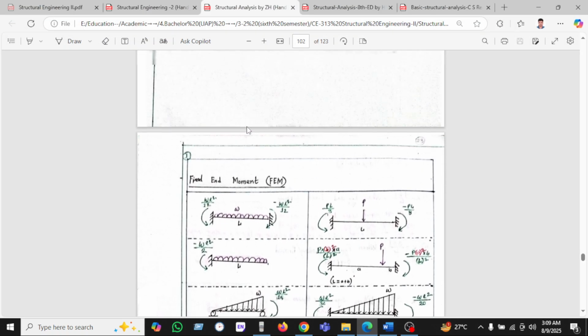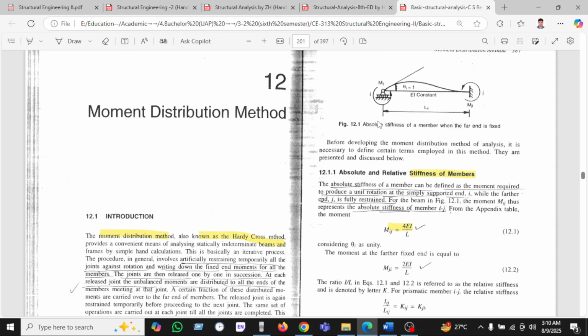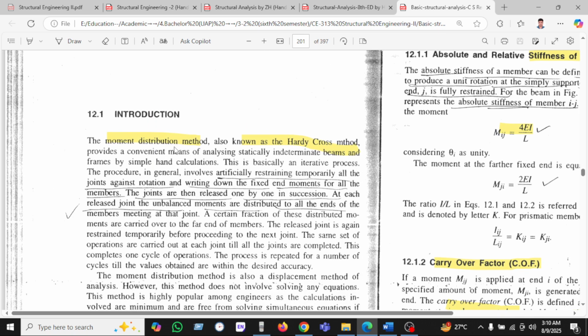So first of all, we have some end moments. I'm going to use this book, Basic Structural Analysis by R.G. Reddy. The moment distribution method is also known as the Hardy Cross method.